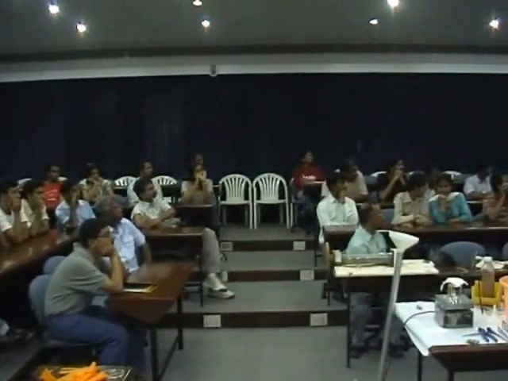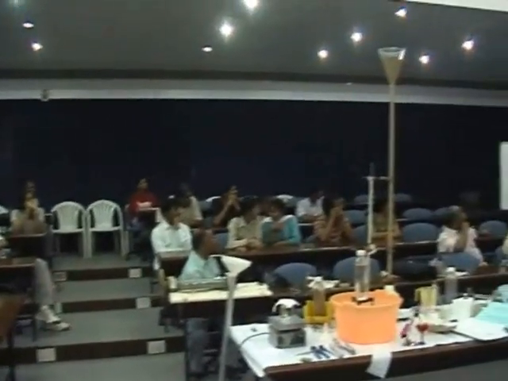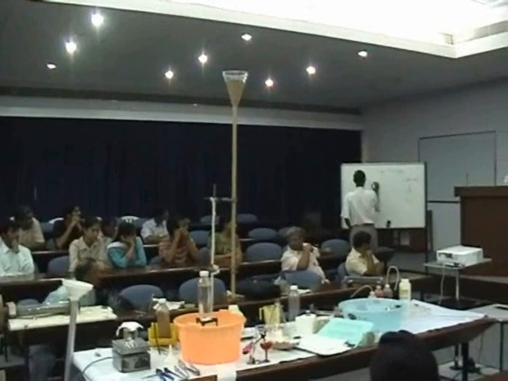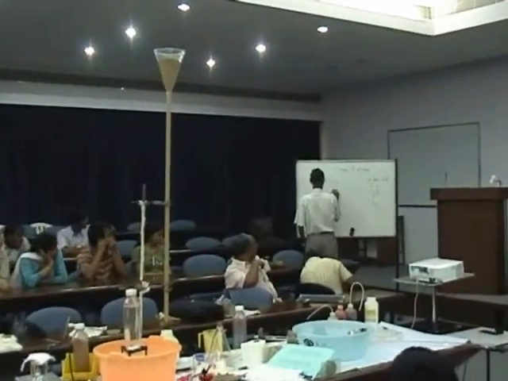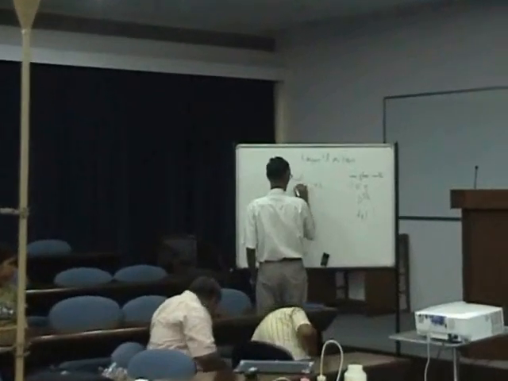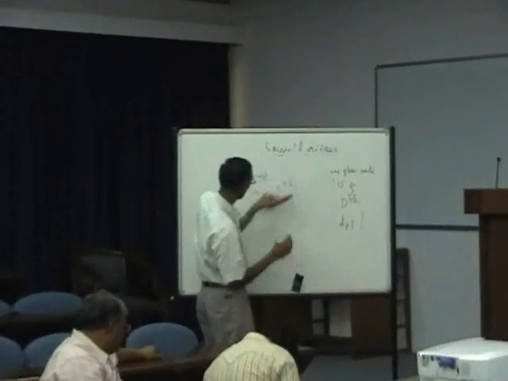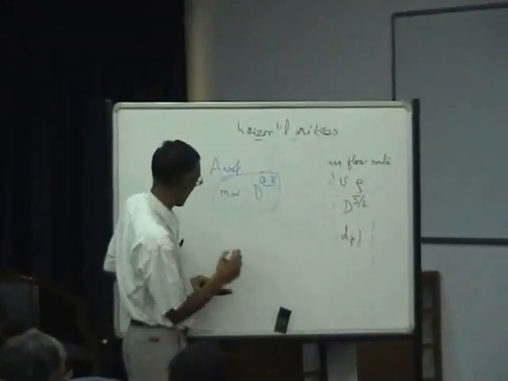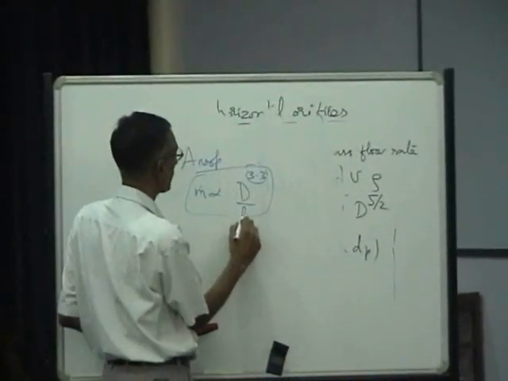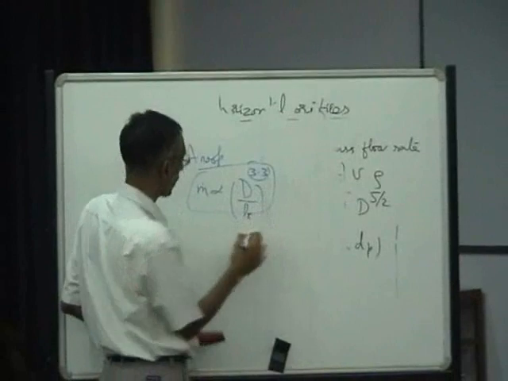This Anup Sharma, who was a summer student, had done some work. So here the correlation is proportional to D or D^0.3. Now it's not clear how this number is coming about, and this is a dimensional correlation. Of course, he scaled it by some nominal diameter, but not very satisfying.